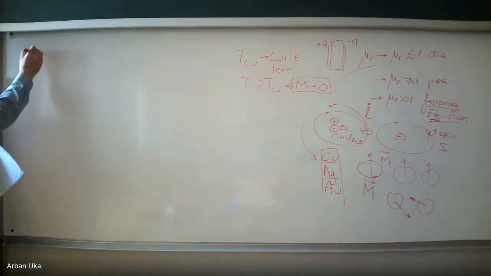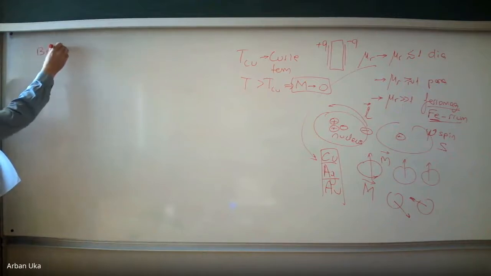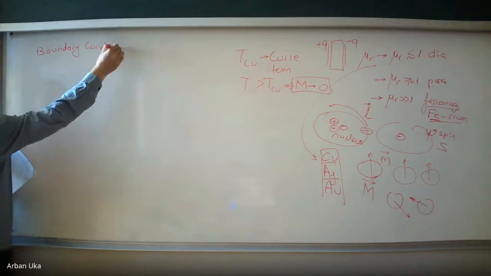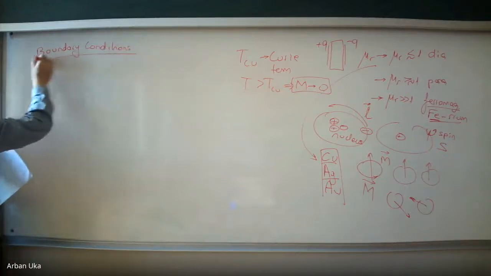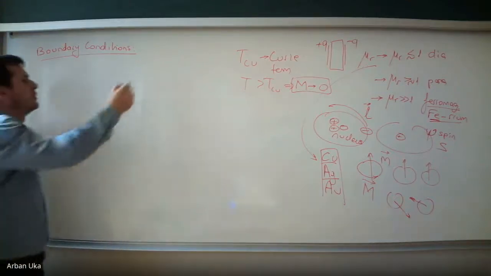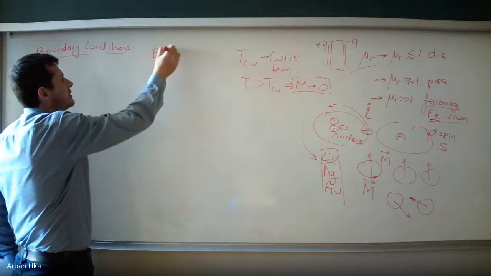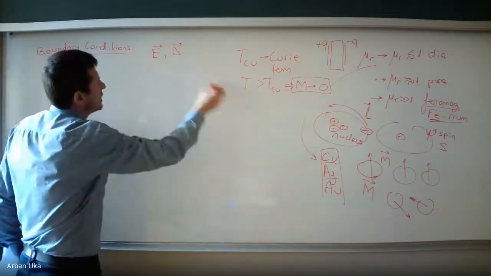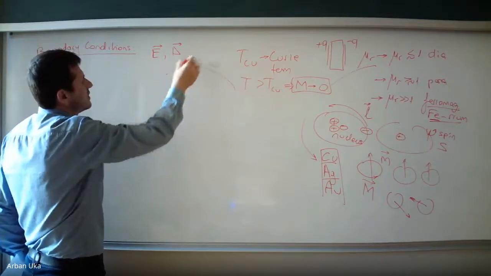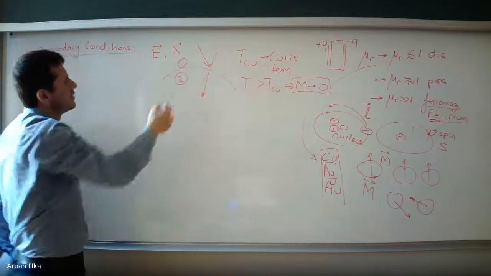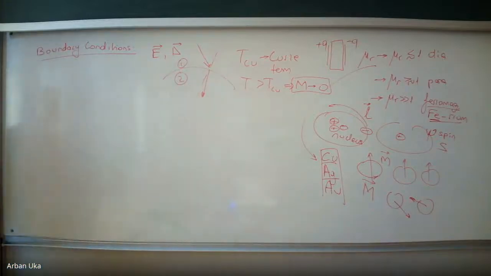The next topic we have to talk about is the boundary conditions. Boundary conditions, we've seen this quite a few times. The first time we talked about the boundary conditions, it was when we had the electric field and the electric displacement vector, and we had to figure out how they change from one side of material 1 when we step into material 2.